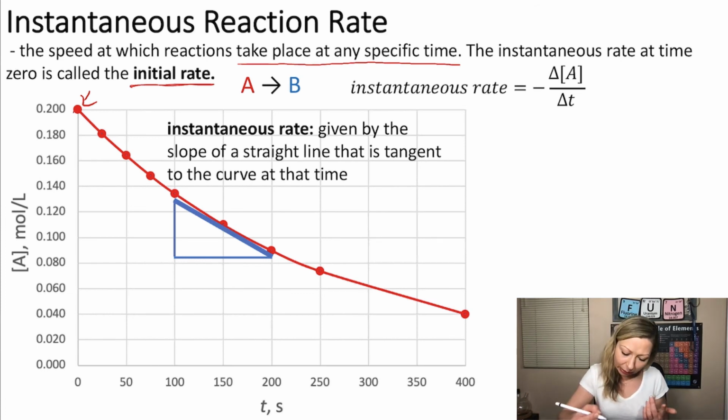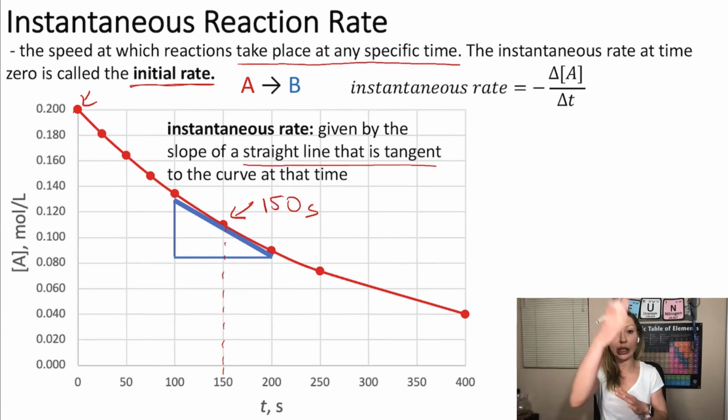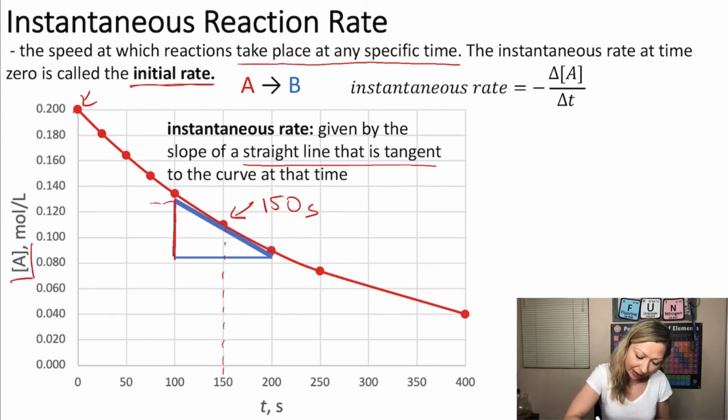So let's say here 150 seconds, right? So that's right there. What I can do is draw a straight tangent line to the curve at the time of interest. And then I can form a triangle. So in this case, I know that this part will represent the change in concentration of A, right?